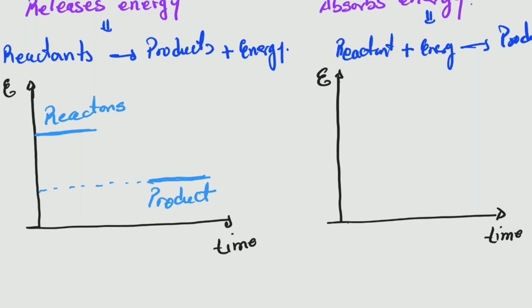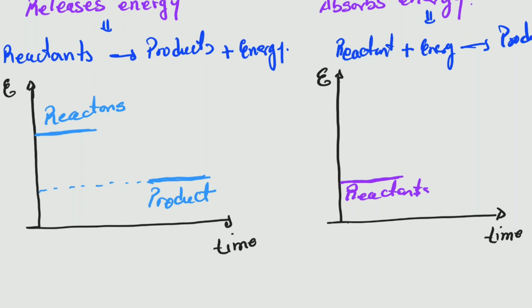So that is what you can see here. You have reactant with a certain amount of energy. Energy is being given out, so at the end you will have less energy than before because you gave energy away. In the endothermic reaction, there is another story. This one is the reactants.